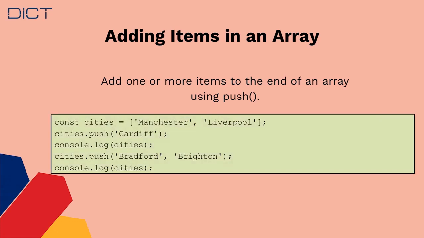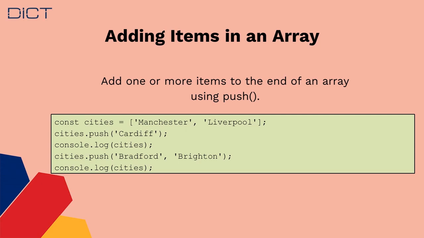For example, we have const cities. This array has two elements, Manchester and Liverpool. We push an item, cities.push Cardiff, then we log cities. The array now contains Manchester, Liverpool, and Cardiff.